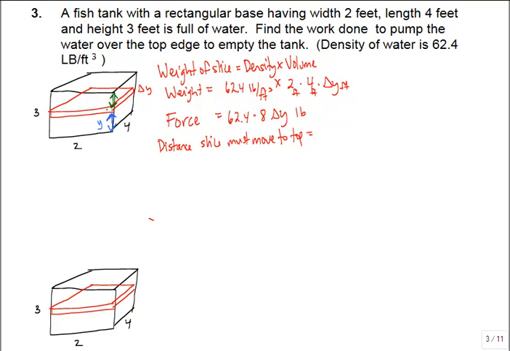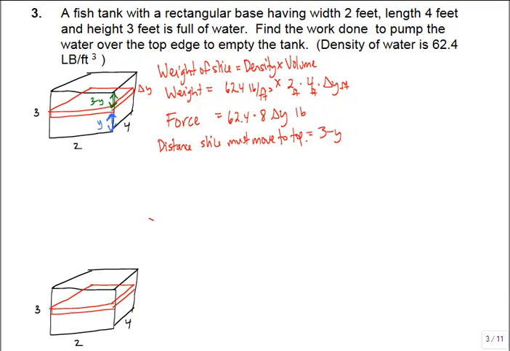We need to move this red slice, that green amount, up to get it over to the top. So if I'm measuring y from the bottom, and this entire height of the tank is 3, then how much is this green distance here? Well, it would be 3 minus however much my y is. These two things need to add up to 3. So the distance that this red slice needs to move would be 3 minus y.